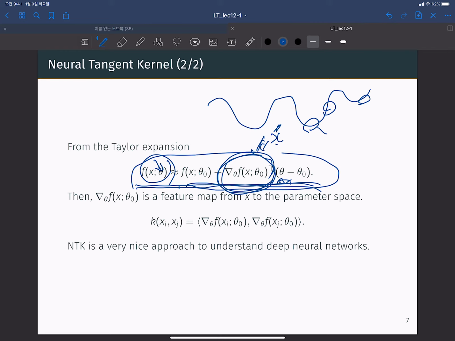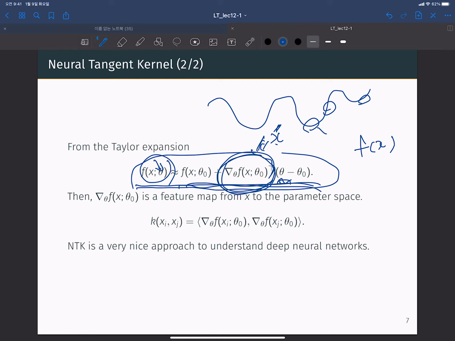So what we need to know the function value f(x) for any new data point, we just need to know the inner product between gradient. When we collect all the inner product between gradient, we can predict any output f(x).